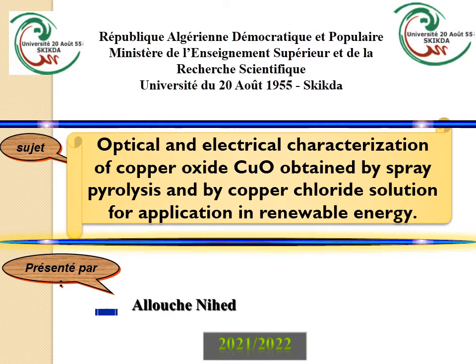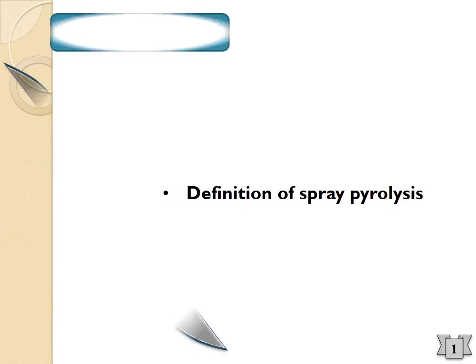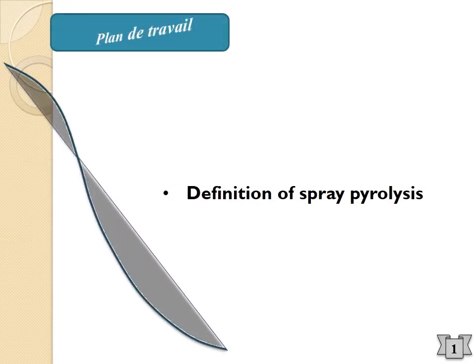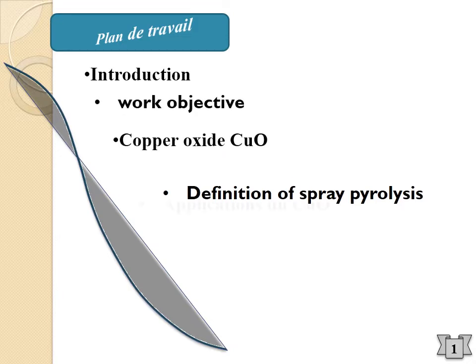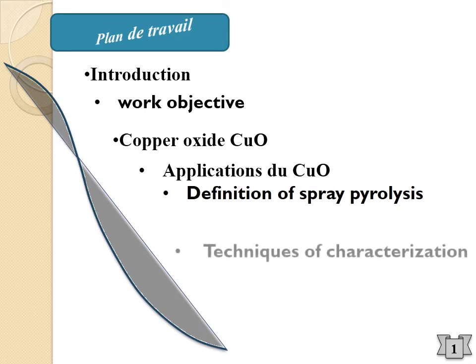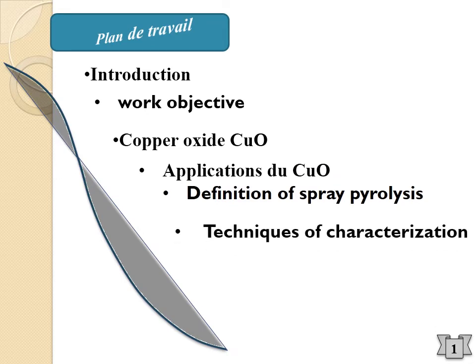Optical and Electrical Characterization of Copper oxide CuO obtained by spray pyrolysis and by copper chloride solution for application in renewable energy. First, I start with my work plan: introduction, work objective, copper oxide CuO, application of CuO, and definition of spray pyrolysis.